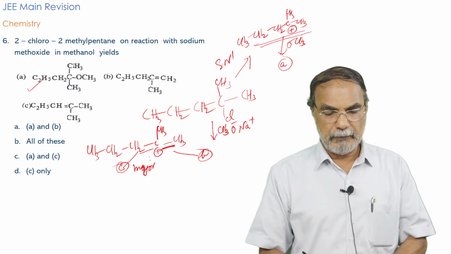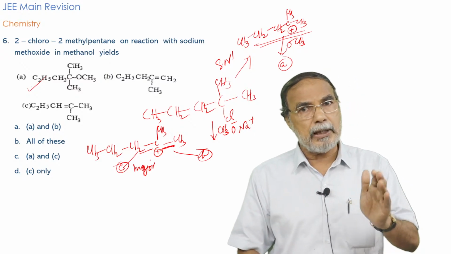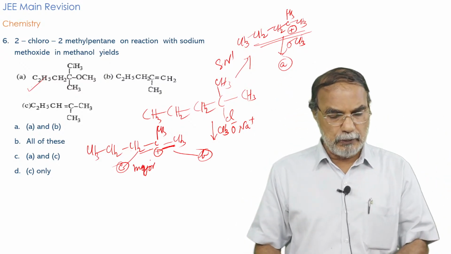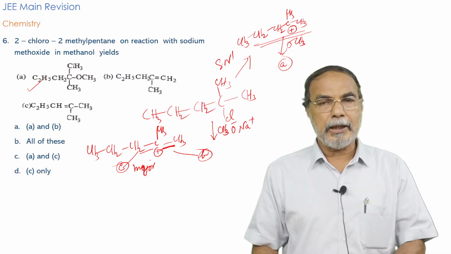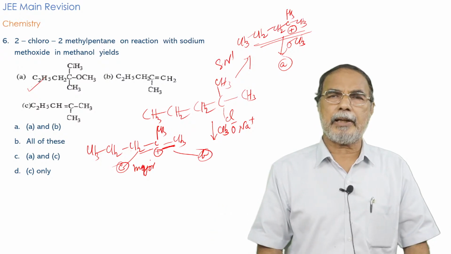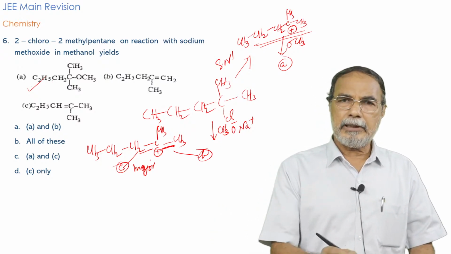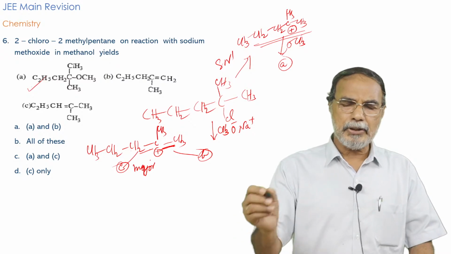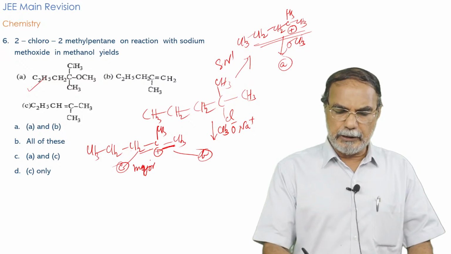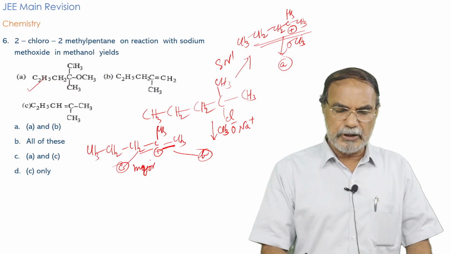C. But here the question is not about the major product. Suppose the same question were asked as what is the major product of the reaction, then this would have been the product. But in this case, what are the possible products in the reaction? That's the question, and we find one possible product is A by the Sn1 reaction, and then the carbocation eliminating a proton either from this carbon or from this carbon.